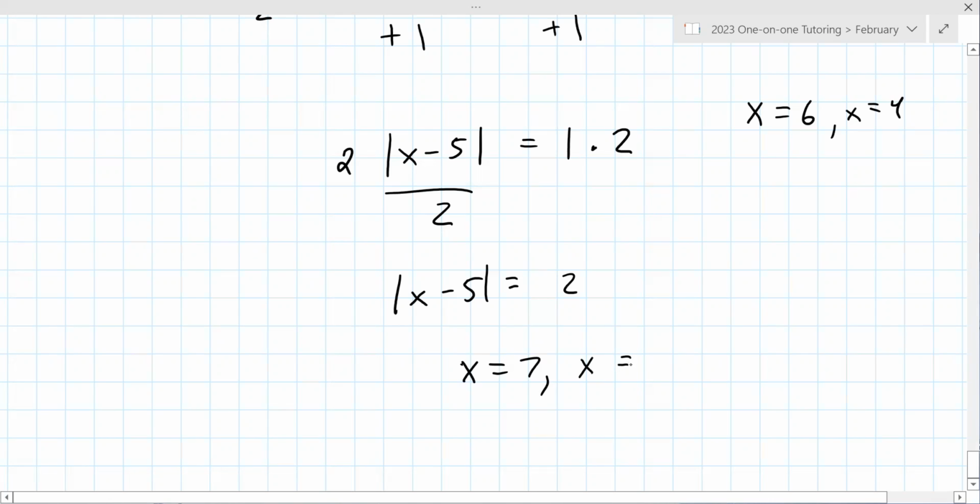You can't be the same. Oh my gosh. Oh, no, sorry. It would be x equals -3. It's positive 3, sorry. My work's so messy right now.